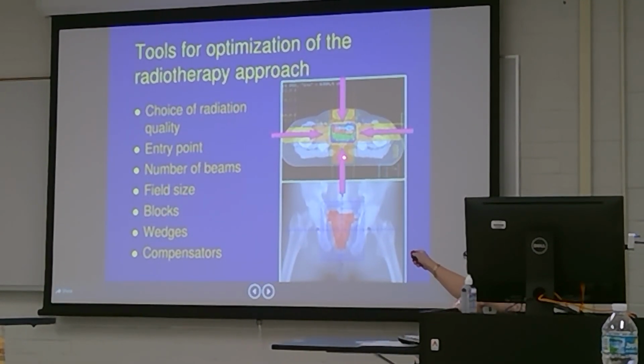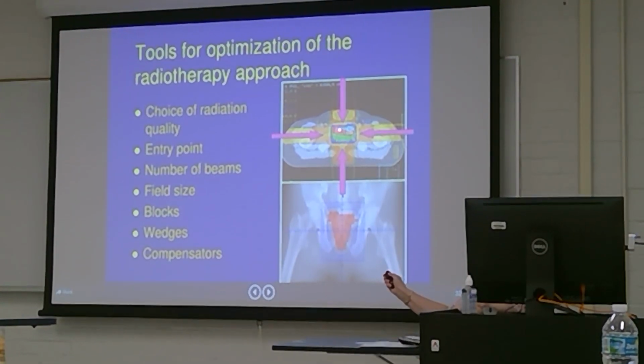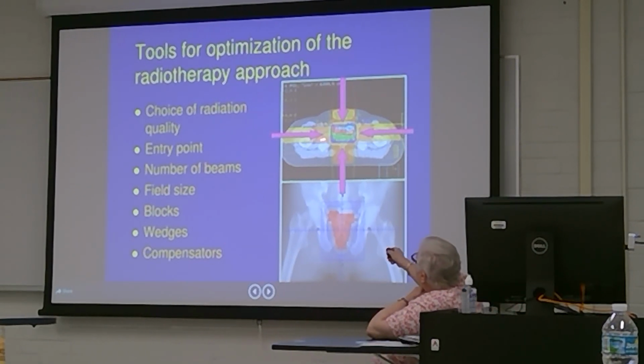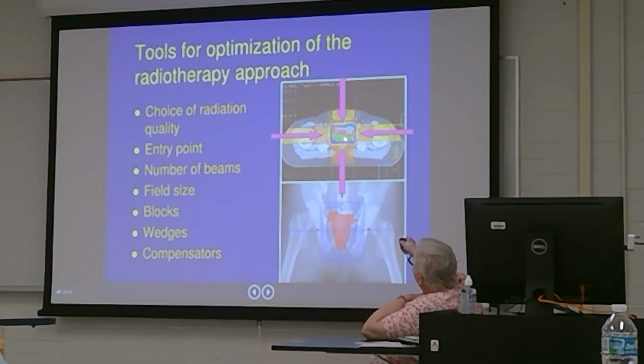And the lighter ones, the orange is 50. So you can see the distance, and this is the PTV. So this would be it, and of course that is on one slice.